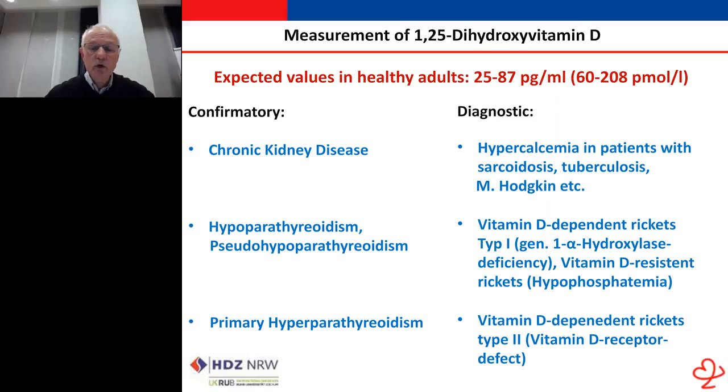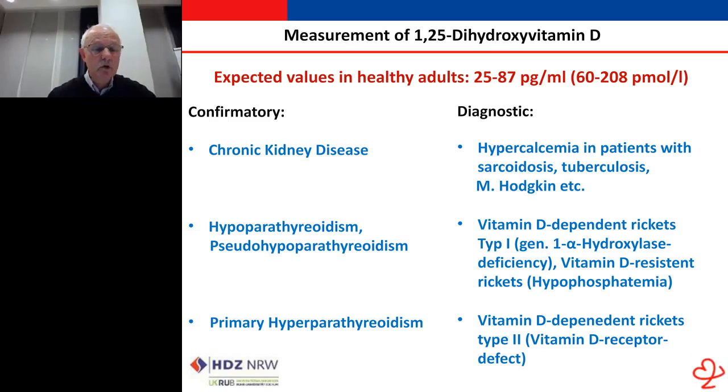And now I want to come to some clinical aspects. 1,25-dihydroxyvitamin D can be measured in the circulation, and the reference range is between 25 and 87 picograms per ml. And it's well known that the circulating level of 1,25-dihydroxyvitamin D is low, for example, in patients with chronic kidney disease.